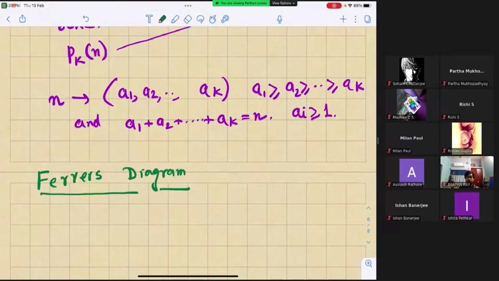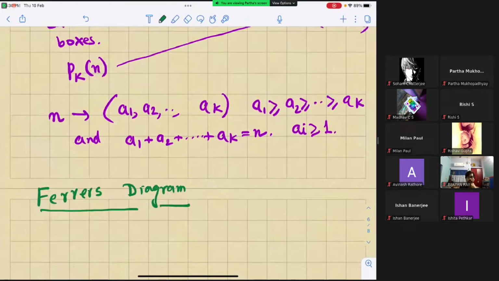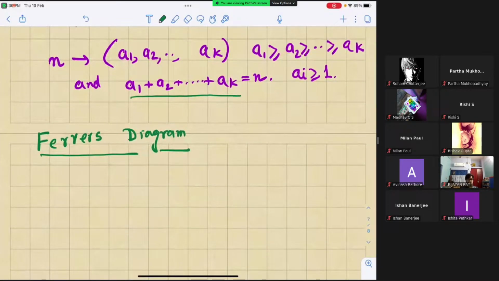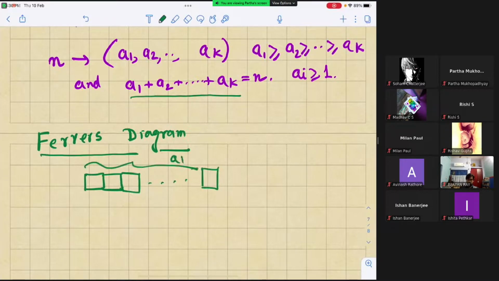Okay, so what is a Ferrers diagram? To every partition you can associate a picture basically. It's a very simple picture. Suppose I have taken this partition n equals a1 plus a2 up to ak, that adds up to n. And remember that this is my practice, that a1 is greater than or equal to a2, up to greater than or equal to ak. So the Ferrers diagram is a very simple object. You take a1 many boxes, and below that you draw a2 many boxes.